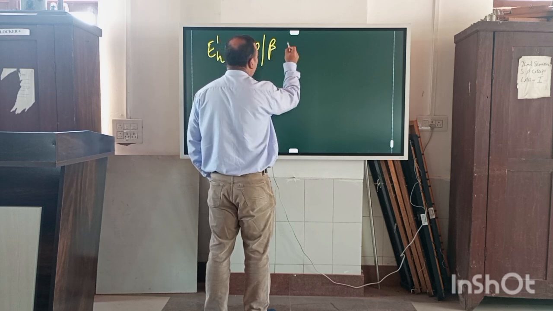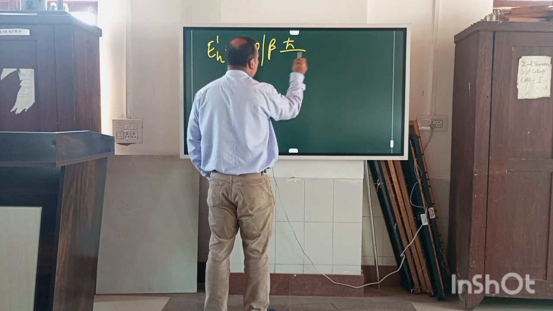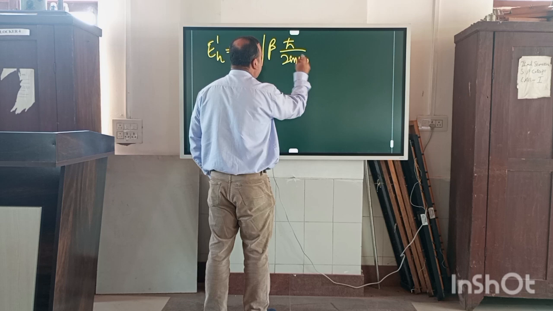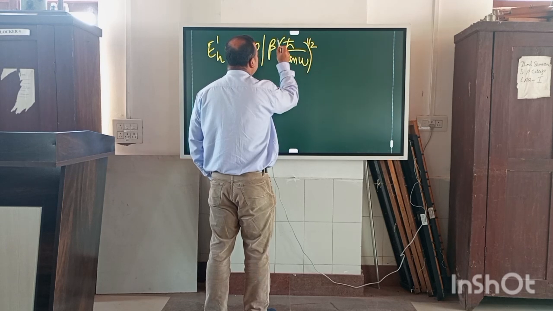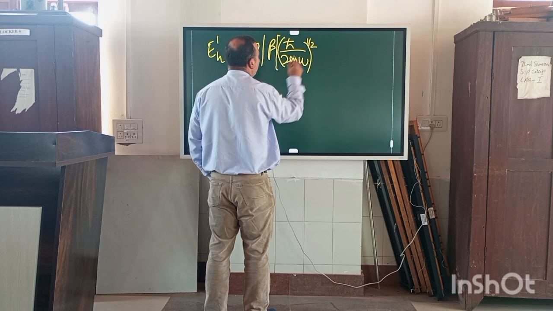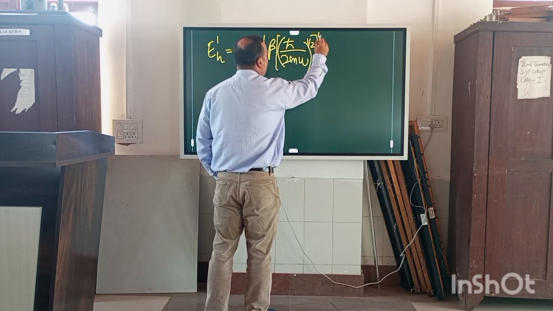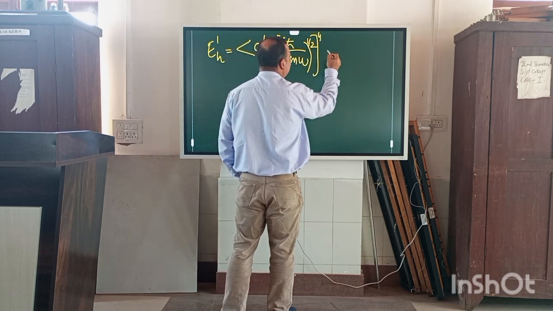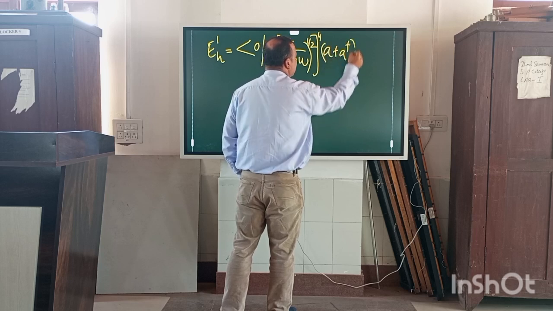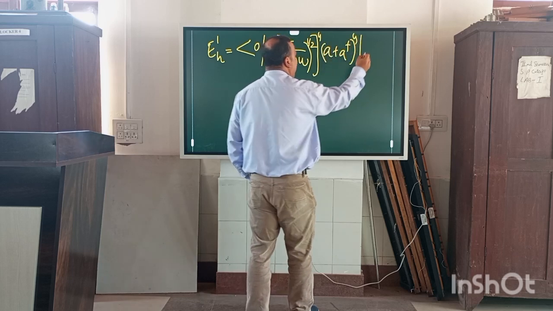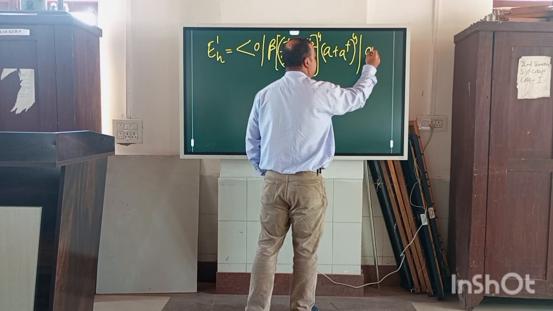For x raised to the power 4, it will be the quantity h bar by 2m omega, whole raised to the power 1 by 2, but there is a whole power of x, and that power is 4. And what else is there? a plus a dagger raised to the power 4, and go back to the state 0.